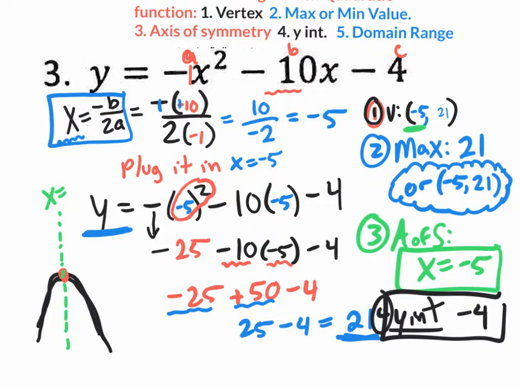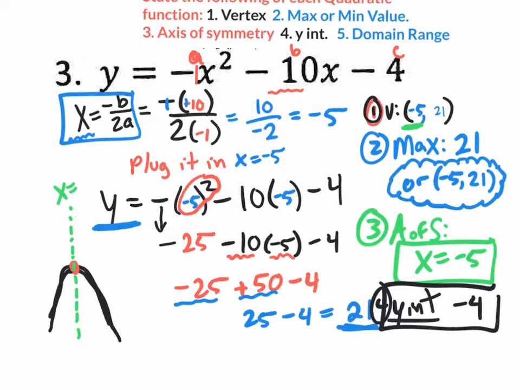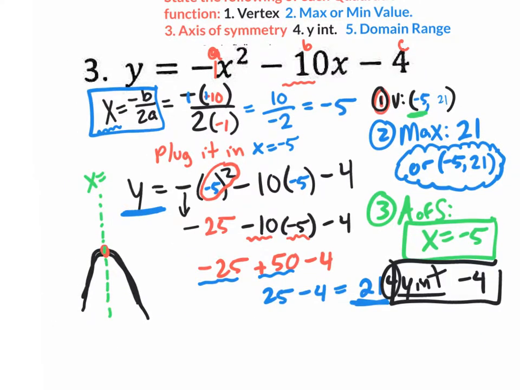And the last thing, number 5, says state the domain and the range. All right, so the domain is going to be x equals all real numbers. That's always true. Doesn't matter what kind of parabola you have, whether it's wide or narrow, opening up or down. It's always x equals all real numbers. Now the range is a different story. You're talking about your y values there. Since this parabola does open down, that means that it does reach a maximum height and then it's back down.